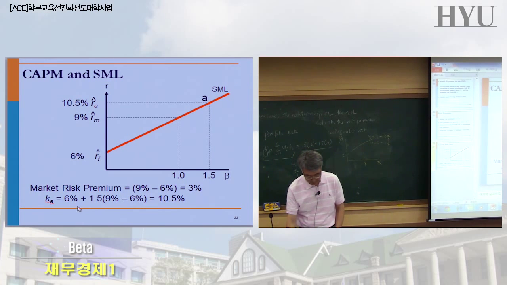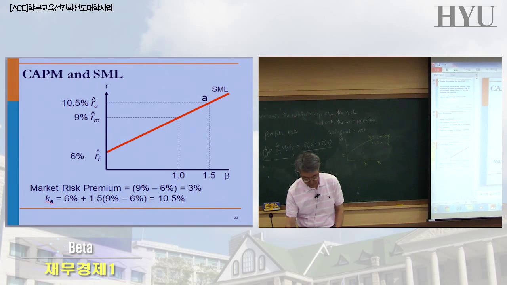Okay. And then you can calculate the required rate for any portfolio or any investment A. That's 6% plus 1.5 times 3%, because here's a particular investment which has a 1.5 beta. So what's the required return on any investment which has 1.5 for beta, right?